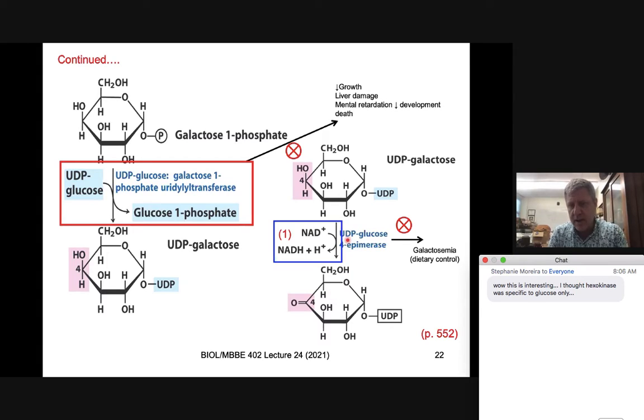But if we don't have that UDP glucose 4-epimerase, the number 4 position, again, we're going to have some problems. So again, I'm trying to highlight that when we start seeing metabolic dysfunction in the enzymes that we're working with, we're going to see a backup of a compound. That backup might leak into other pathways and start producing compounds that we don't normally see in a normal metabolic profile. And again, this is a part of the profiling system that we utilize in disease discovery.